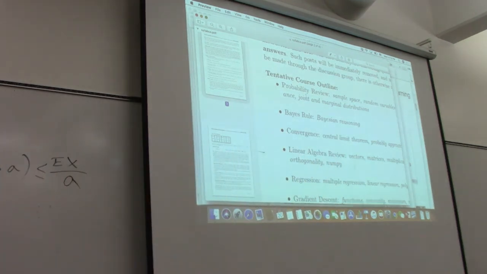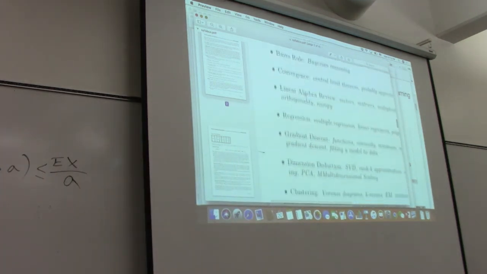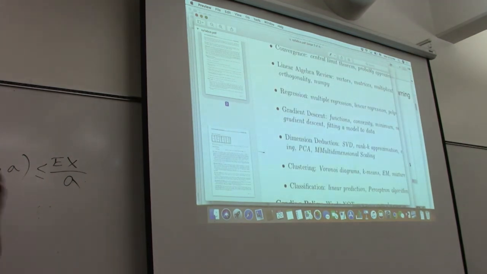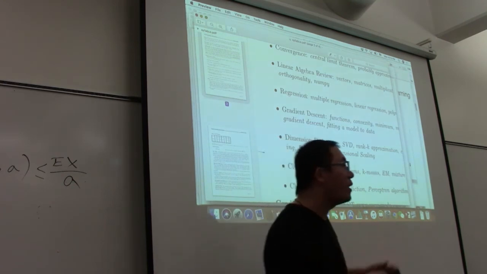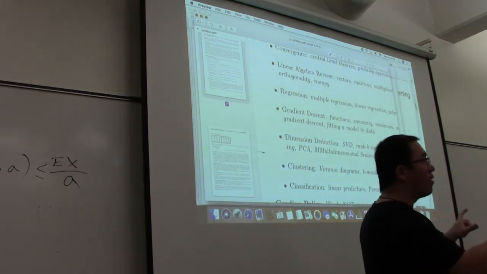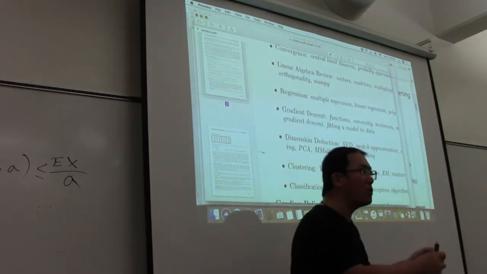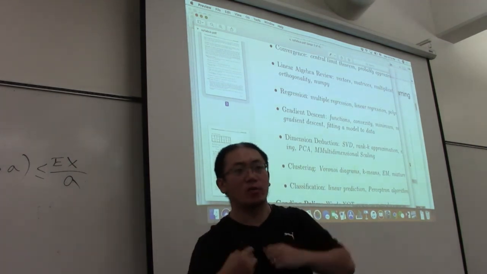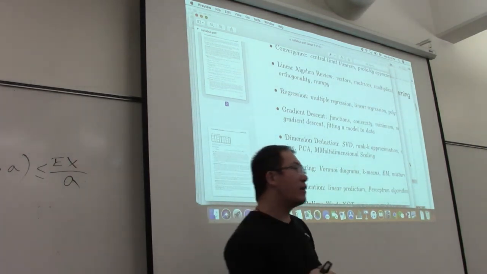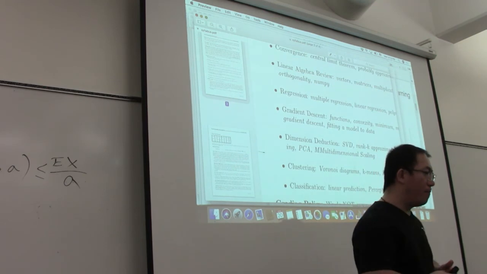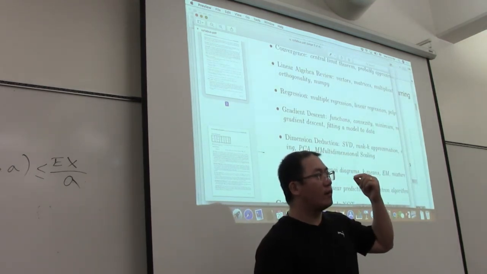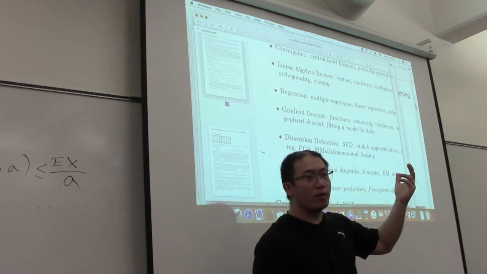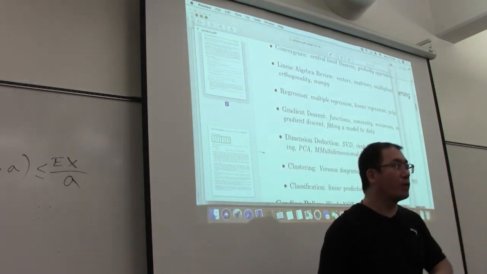And then we'll introduce the problem or task called regression. What is regression? Simply, given a set of variables, you want to use this set of variables to predict another variable. This is called regression. For example, given today's wetness and temperature, how can you predict tomorrow's temperature?